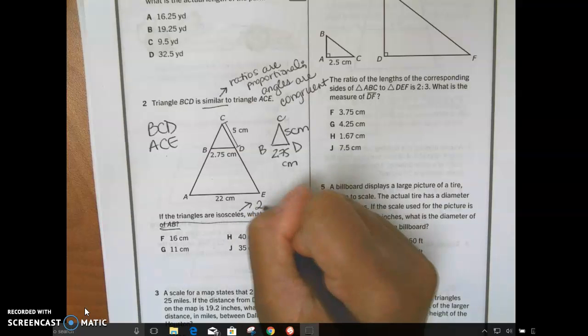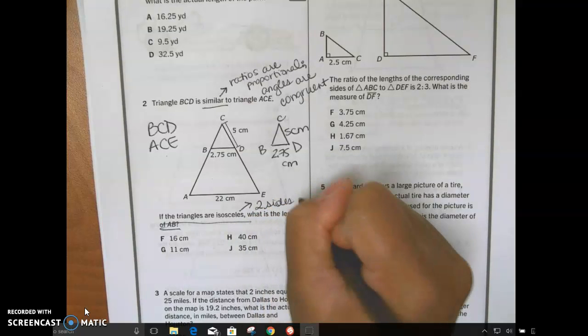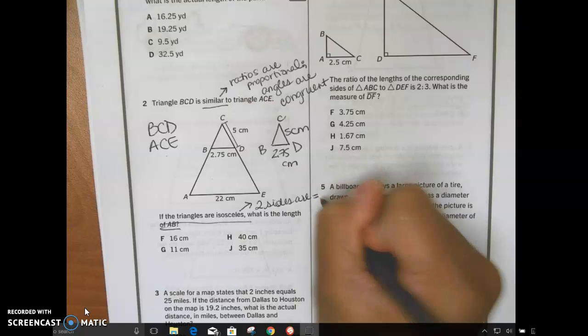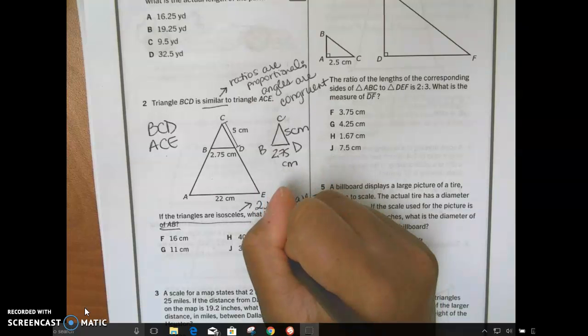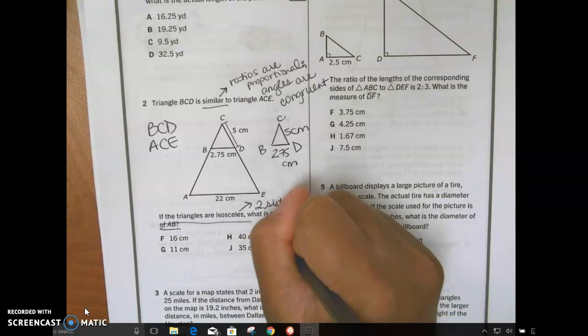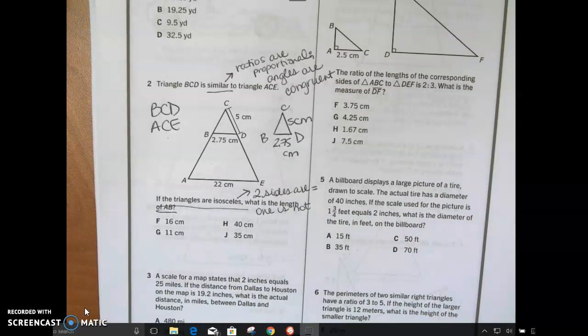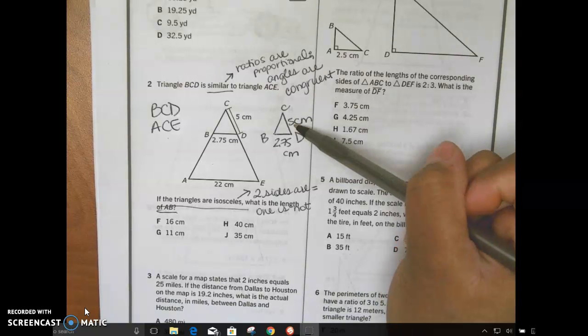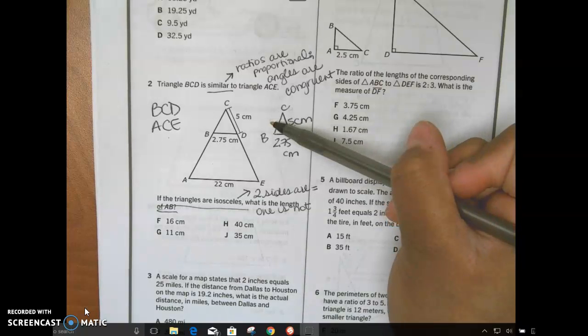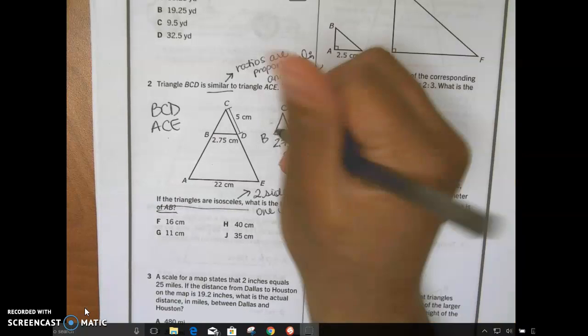Isosceles means 2 sides are equal and 1 is not, because I need 3 angles total. Therefore, if this is 5 centimeters, how long is this side over here? 5 centimeters.